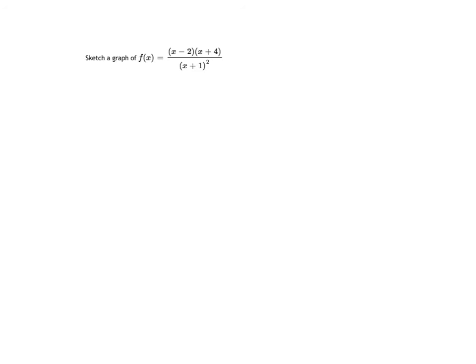So, a couple things I can do to graph this equation. I can ask myself, what are the x-intercepts? Well, I know it crosses the x-axis at positive 2. I also know it crosses the x-axis at negative 4. So I know this graph crosses through these points.